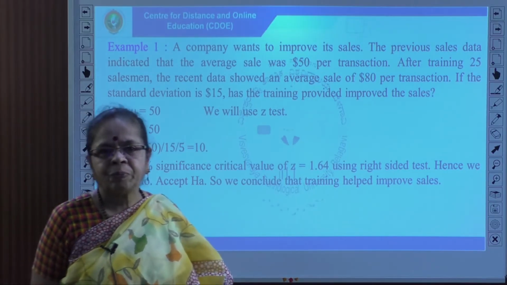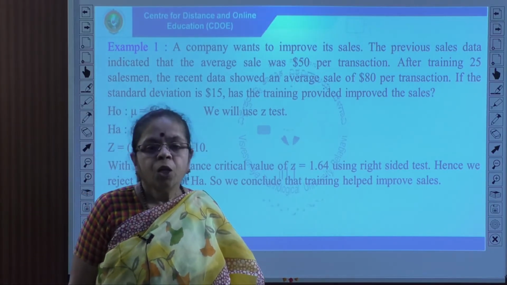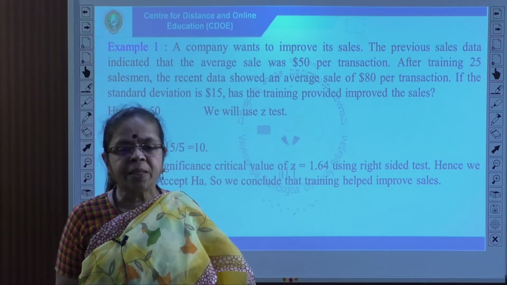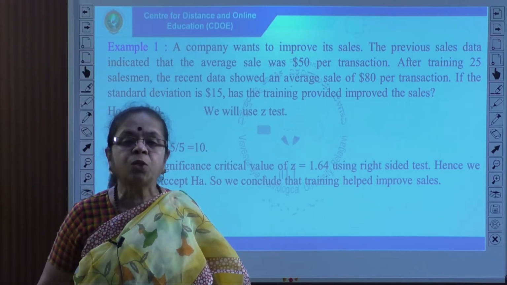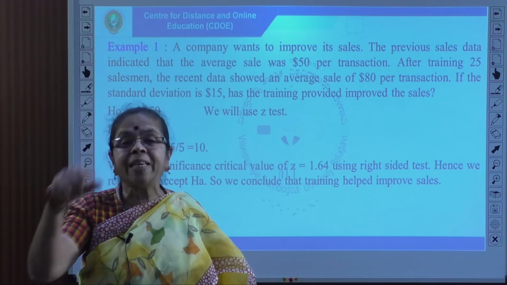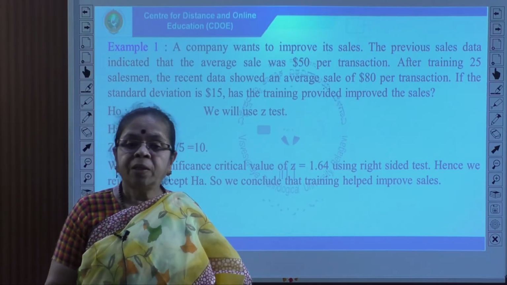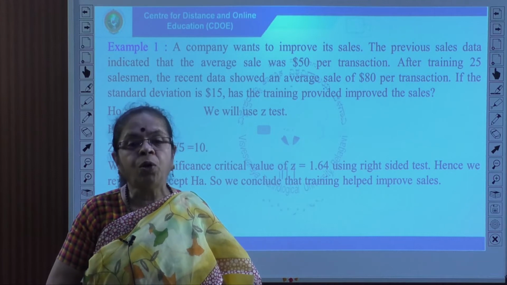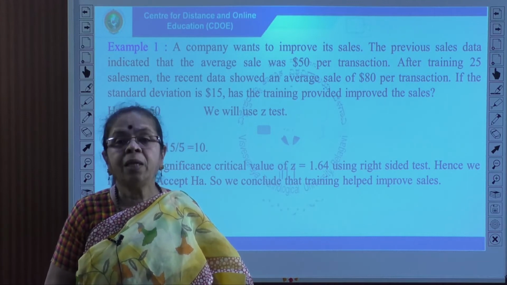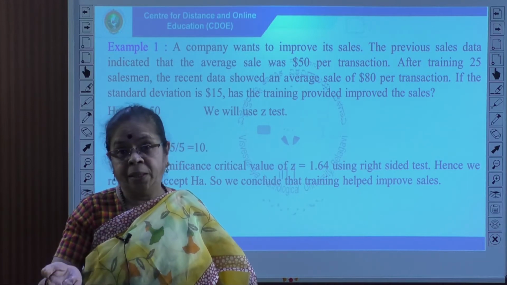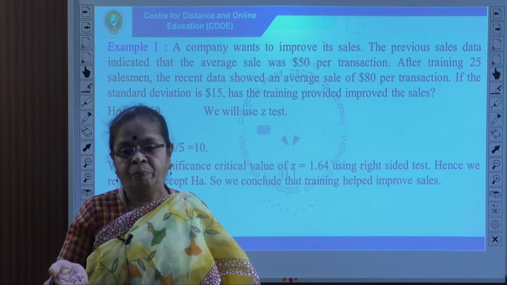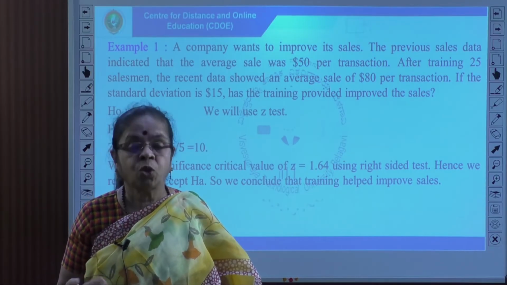With 5% significance, the critical value of Z is 1.64 for a single tail. So, the value I have got, Z equal to 10, is greater than 1.64.